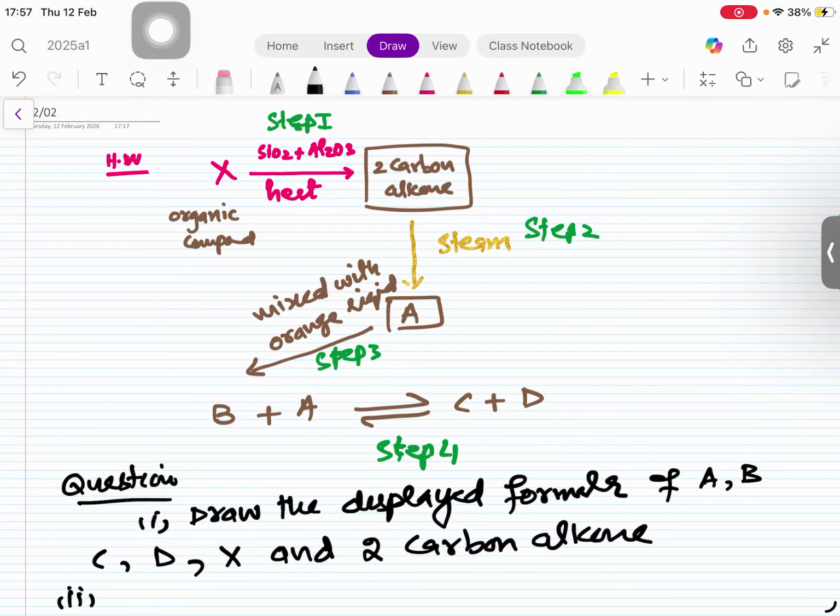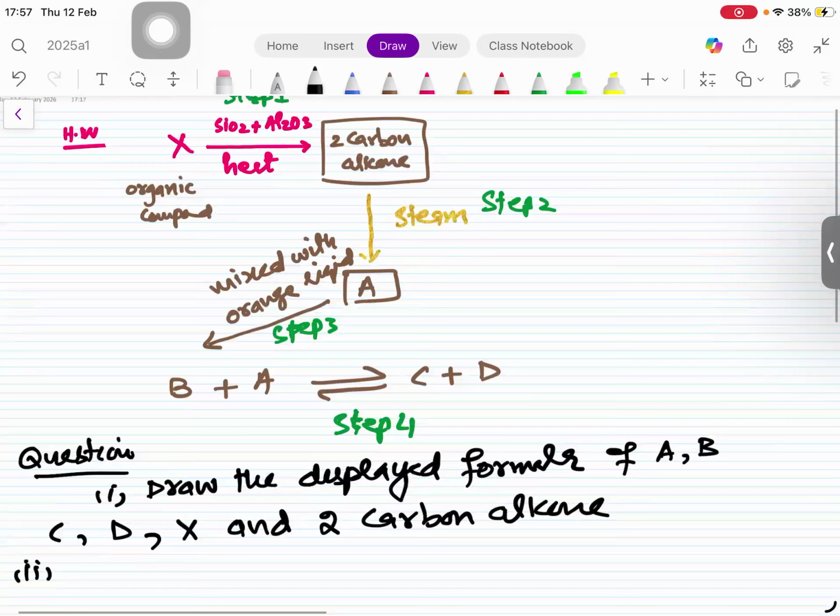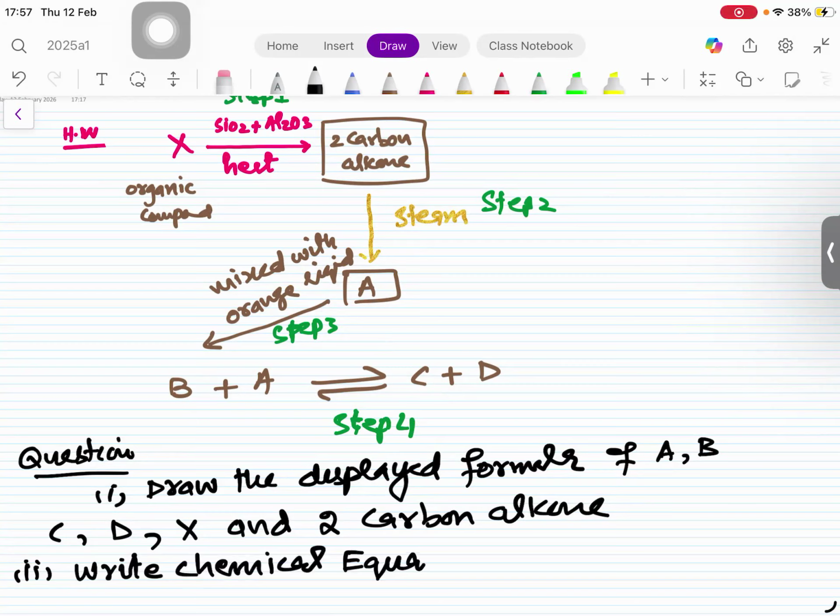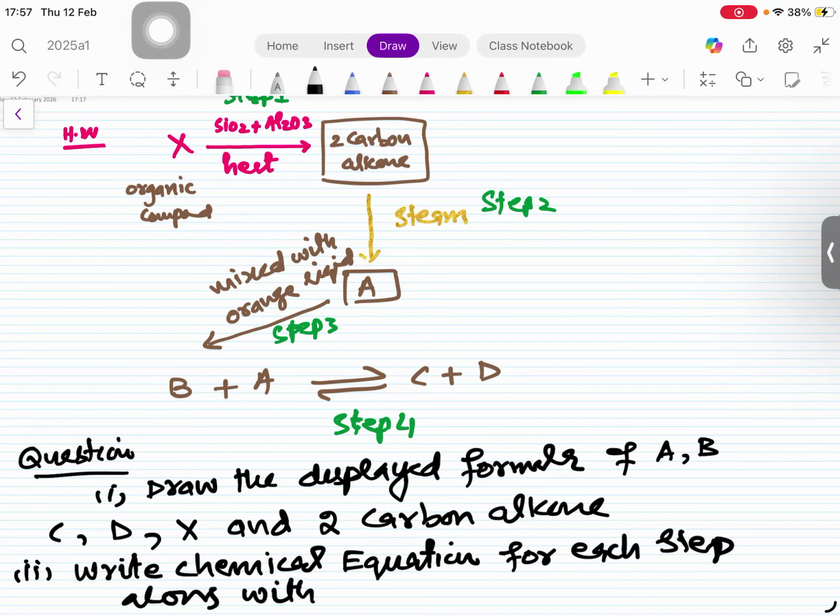And part 2 of the same question: write the chemical equation for each step along with the reaction conditions. You have to write the complete equation along with the reaction conditions of each step.